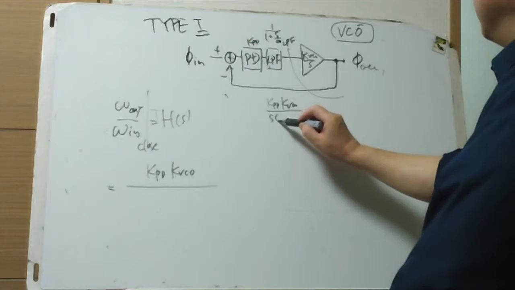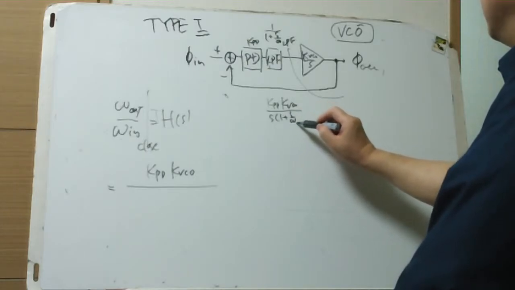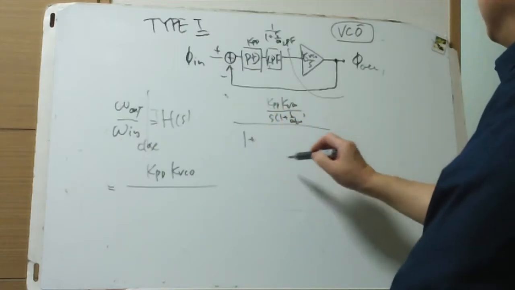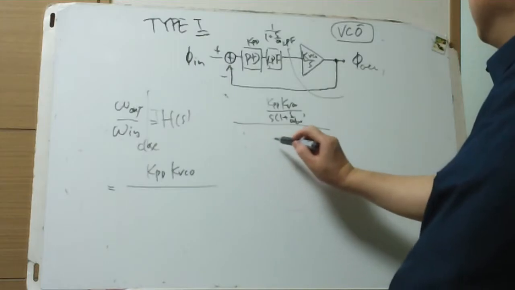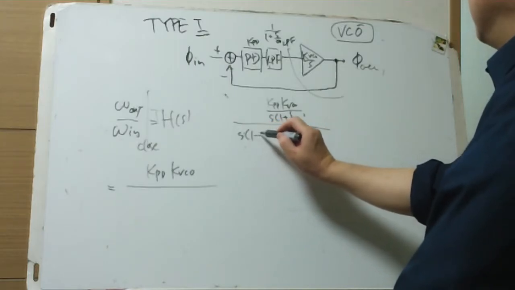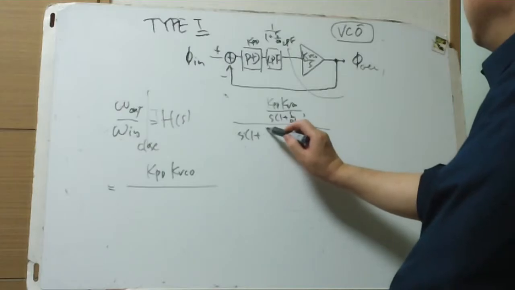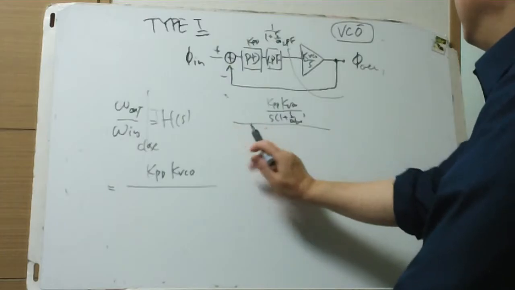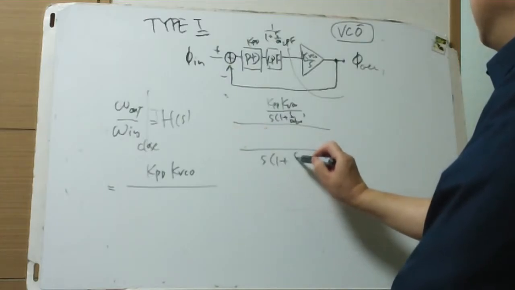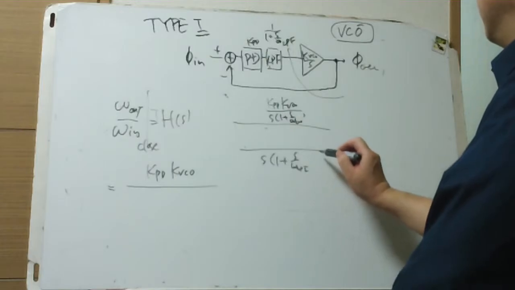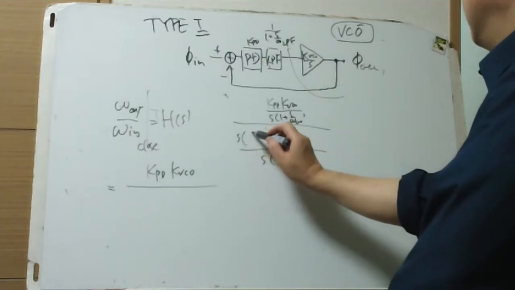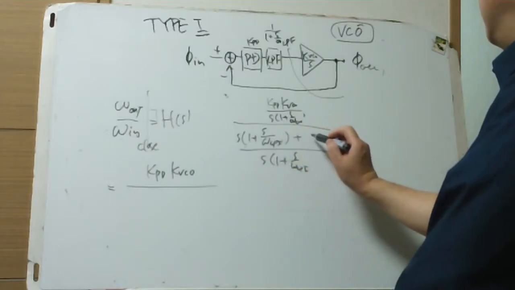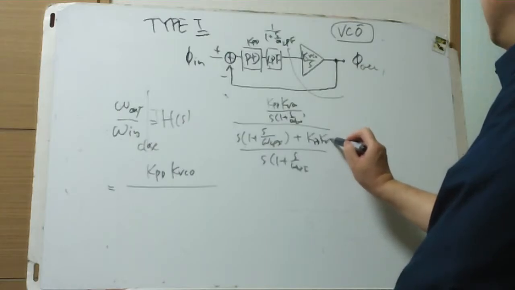divided by s(1 + s over omega LPF), divided by 1 plus this. So this is s(1 + s over omega LPF) plus Kpd Kvco.